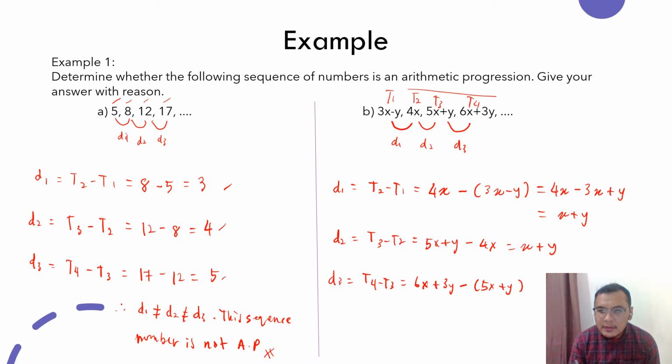For that we open the bracket first. 6x plus 3y minus 5x minus y. So 6x minus 5x is x. 3y minus y is 2y.